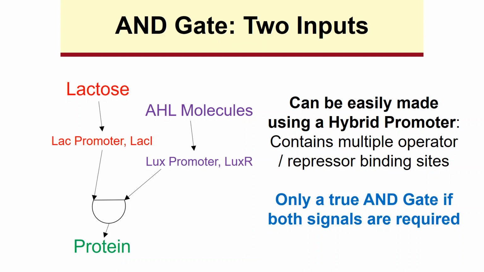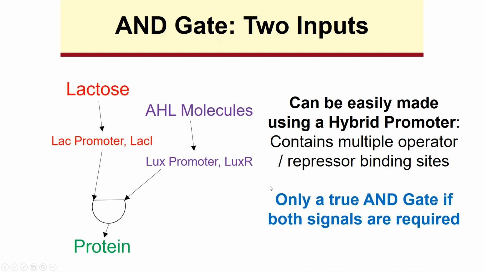This can be a promoter for a gene which contains DNA sequence elements responding to more than one type of transcription factor or repressor. In this case, we have a promoter which responds to lactose. Another part of that promoter responds to the presence of these AHL or quorum sensing molecules.